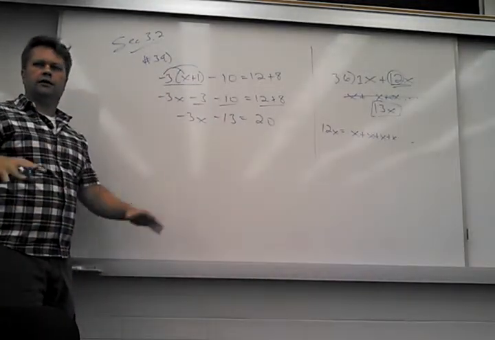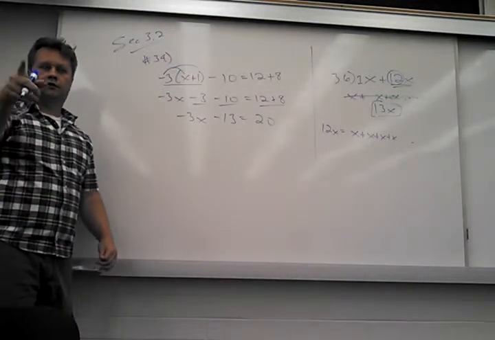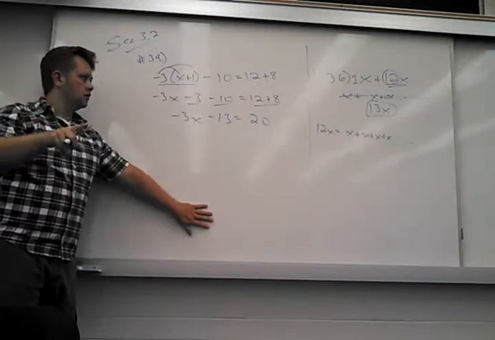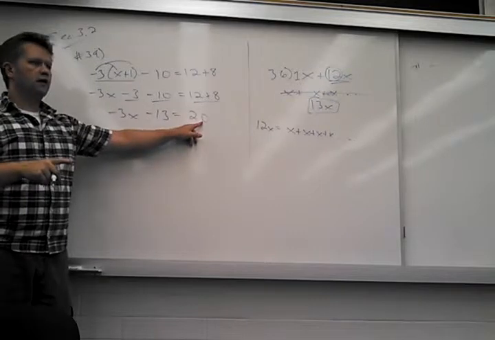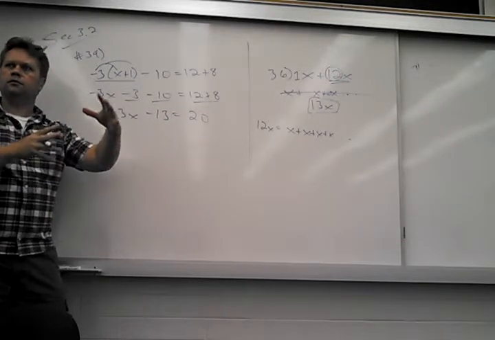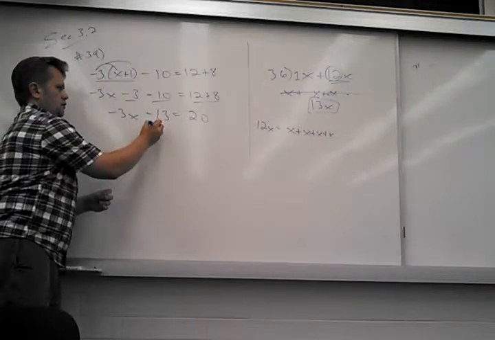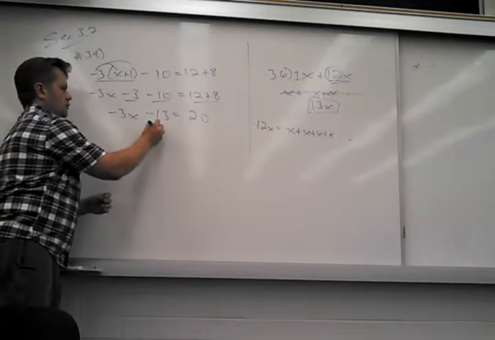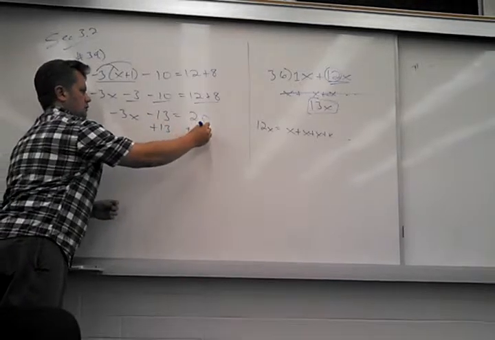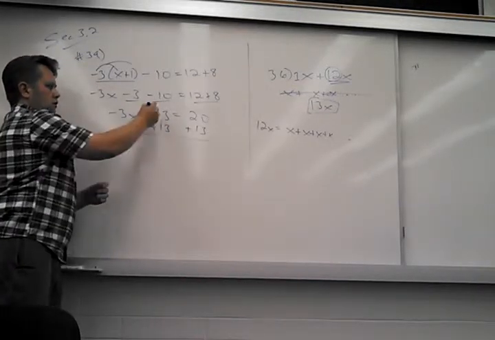Now what's in the wrong place? Negative 13 is in the wrong place. Why is it in the wrong place? Because the numbers are over there, so it needs to go over that way. It needs to be with the other numbers. Plus 13. So to cancel negative 13, I have to add 13 to it. So here they cancel.